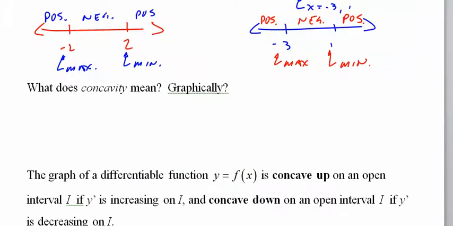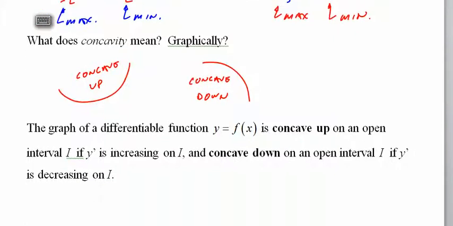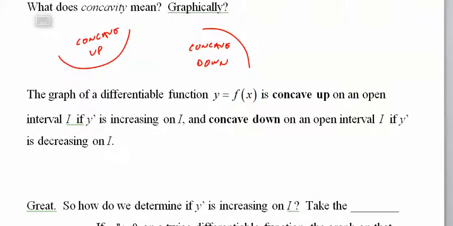What does concavity mean? This is concave up. And this is concave down. Now, as we say right below, we take a second derivative.